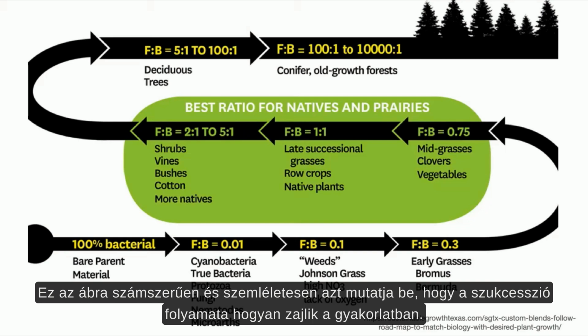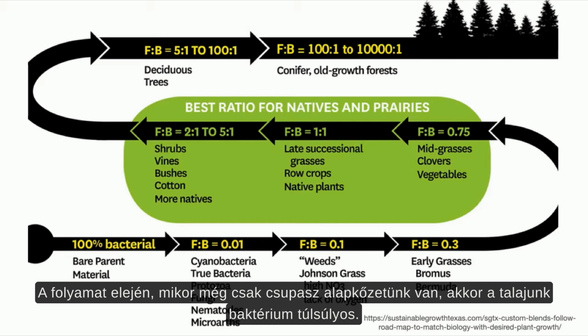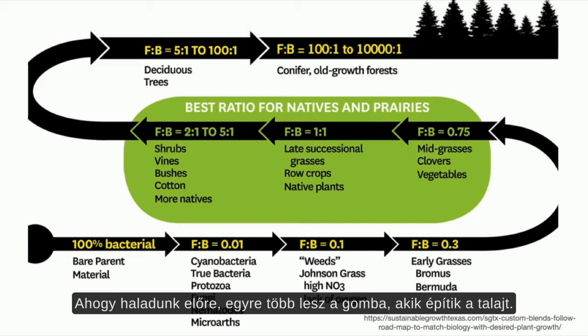Basically it shows the pathway with some representative numbers of what they're estimating, what stage, what is happening. So when we have bare parent material, we're dealing with a highly bacterial soil, and from there we start getting some fungi coming in and creating soil.